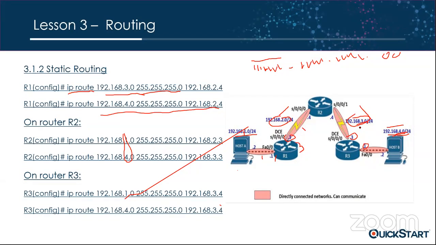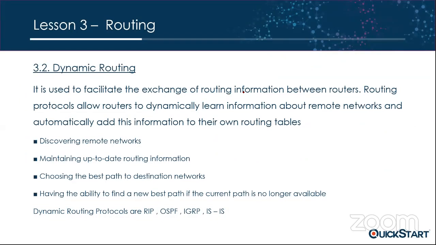All right, guys. Let's talk about dynamic routing. We are running out of time here. Let me wrap this up very quickly. Dynamic routing is for when you don't want to do it statically; you have the power of dynamic routing. It is used to facilitate the exchange of routing information between the routers.